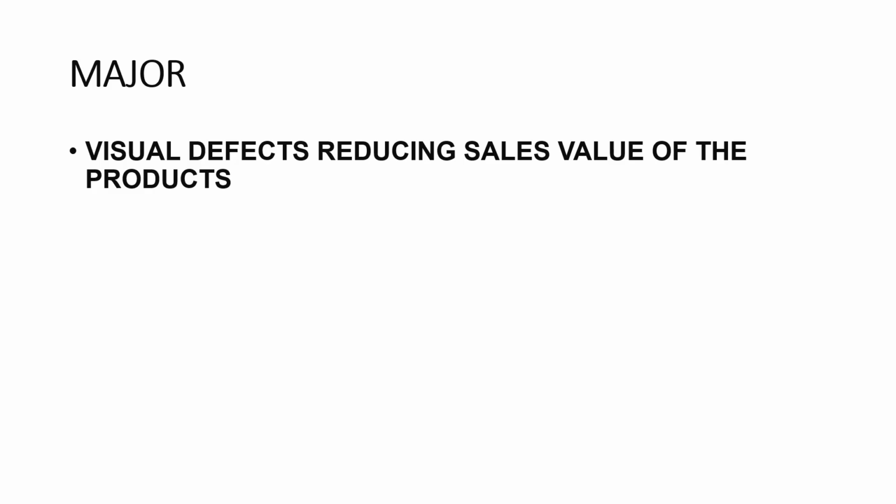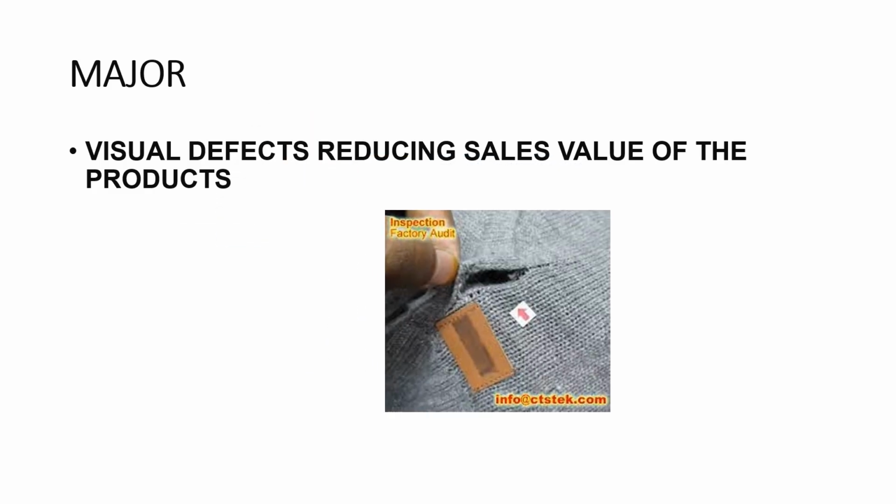Especially shoe manufacturing units or shoe retailers sell a lot of shoes at a 50% discount. There are certain defects, and that's why the sale value of the product is reduced. Those are the major defects. So major defects can be used, but with some repairing work. This kind of defect is also taken into account seriously.